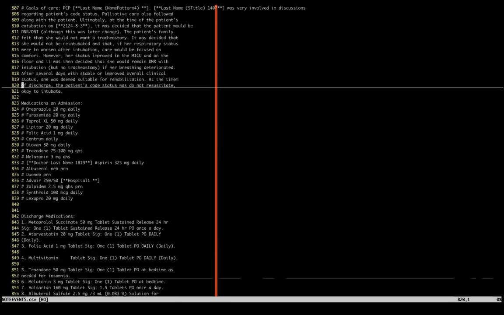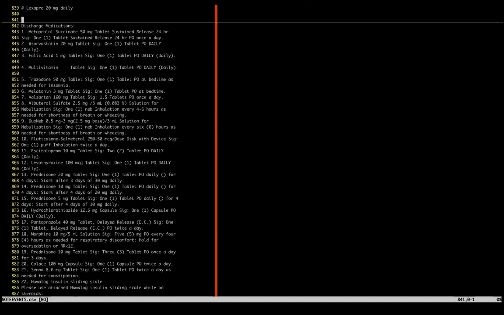And medications on admission, discharge medications. So a lot of medications were prescribed for the patient at discharge. So the patient was on metoprolol, atorvastatin, folic acid, multivitamin, trazodone, melatonin, valsartan, albuterol.